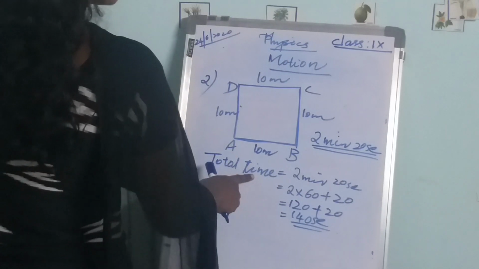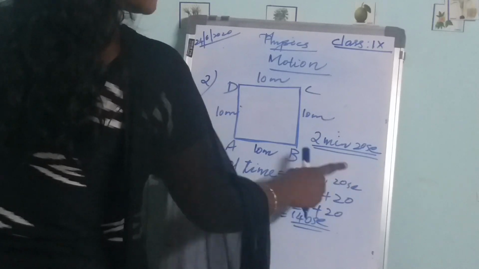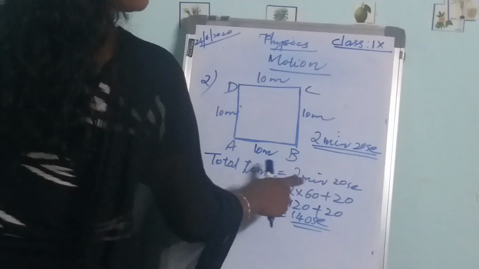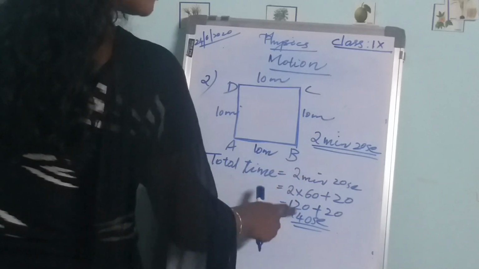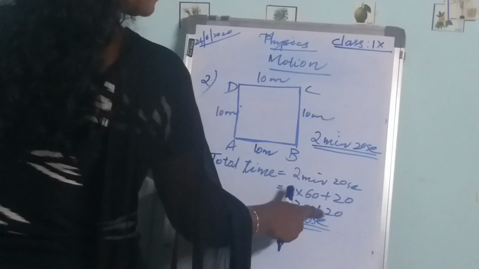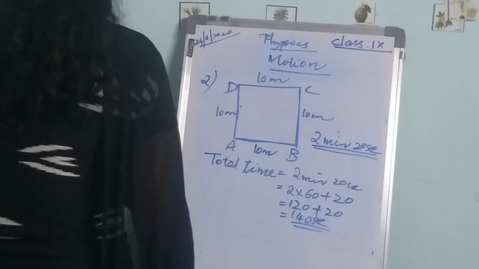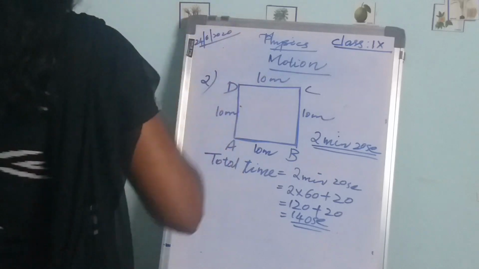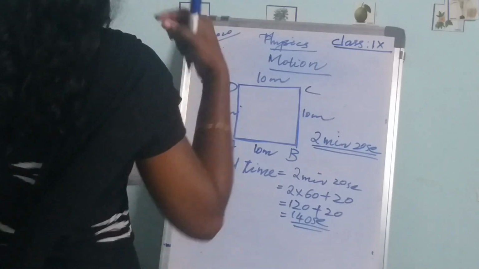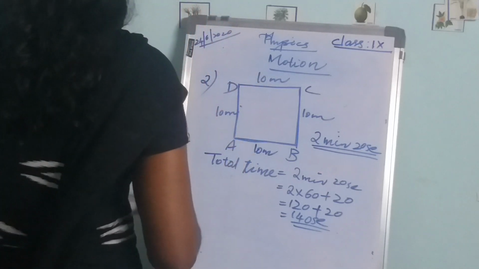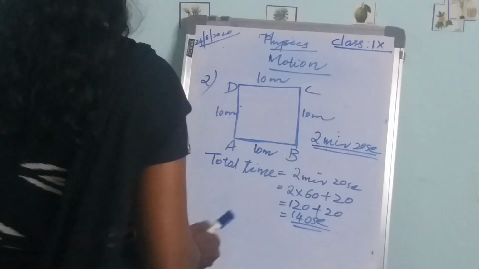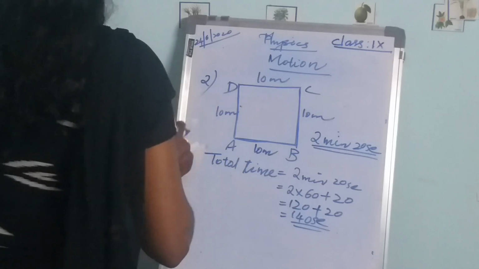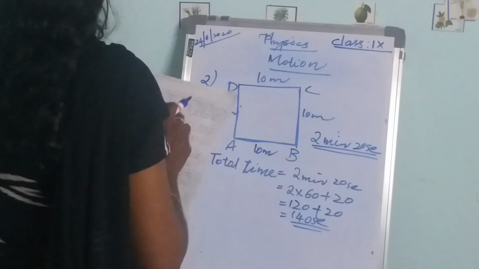Okay, here the total time is actually 2 minutes 20 seconds. We have to convert this minute into seconds. 2 minutes is equal to 120 seconds, so 120 plus this 20 seconds, that is 140 seconds. That is the total time. Then in the question, it is given the time taken to complete one round. What is the time taken to complete one round?